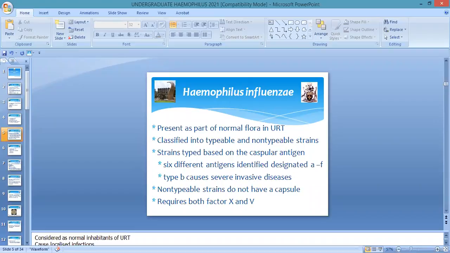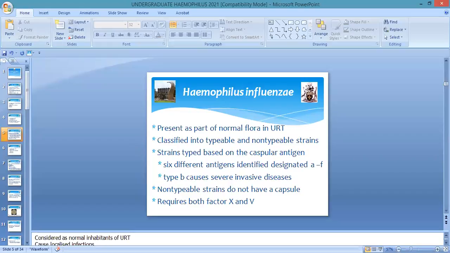That capsular antigen is divided into 6 different groups, because the 6 groups are quite unique and specific for each specific antigen. We have them designated as A to F. However, it's only group B that is associated with severe invasive disease. The other groups are basically just colonizers, just like the non-typable strains, which don't have the capsule.